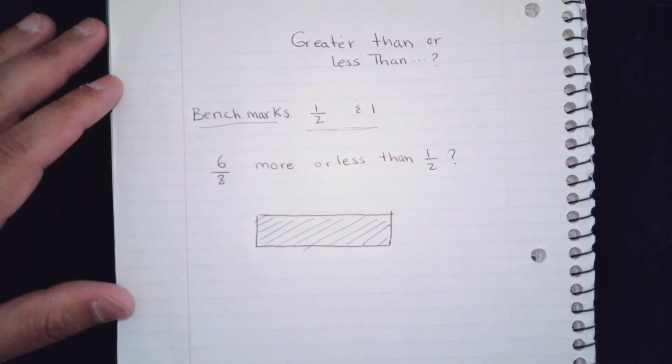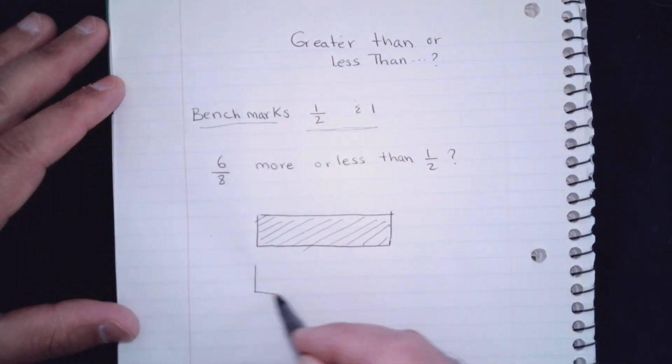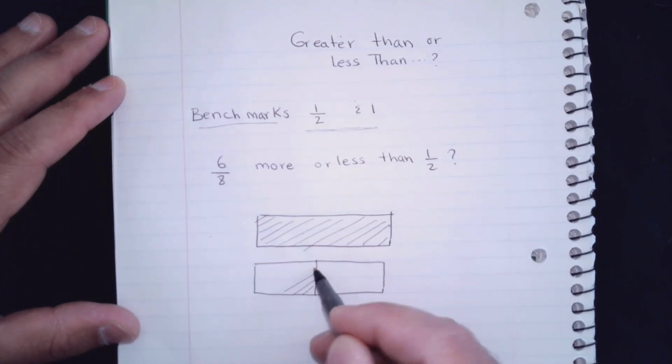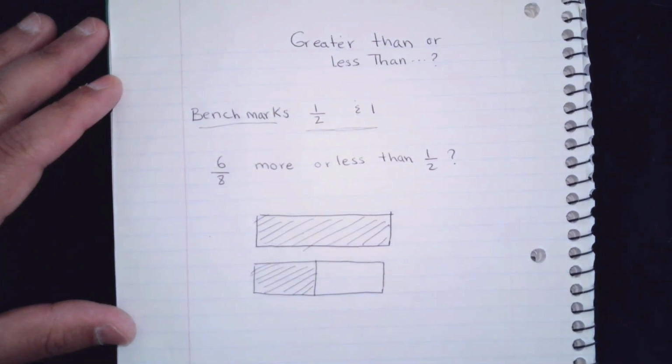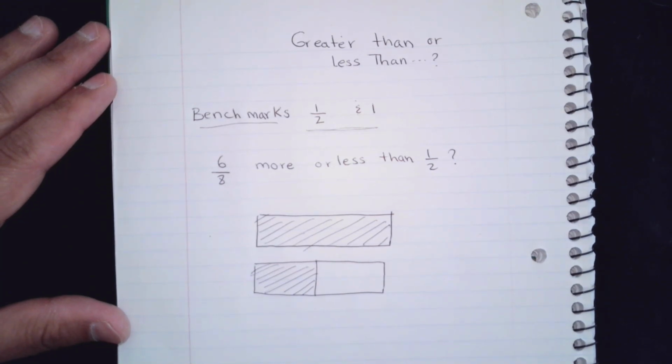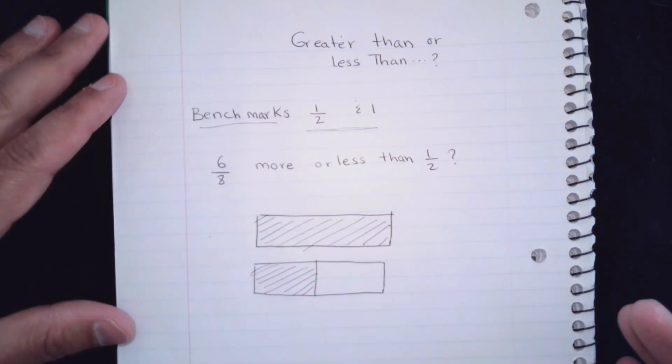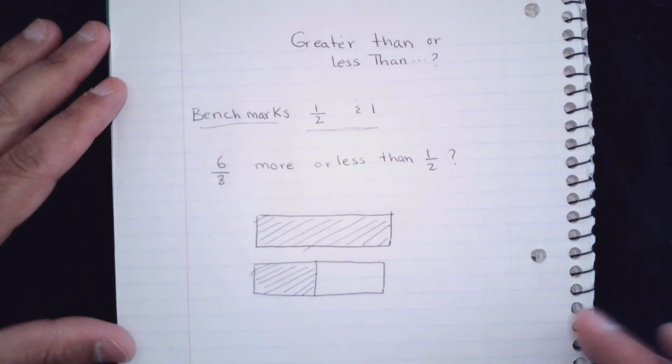Half is also an easy way to compare quantities. Half of something, the full of something, those are easy ways to figure out whether one quantity is less than or greater than the other, okay?